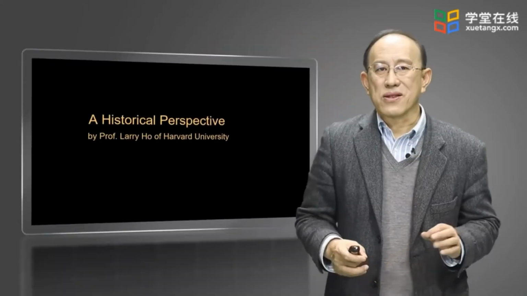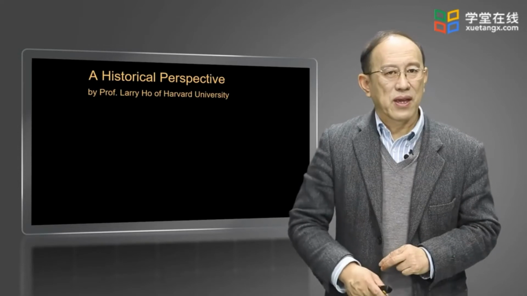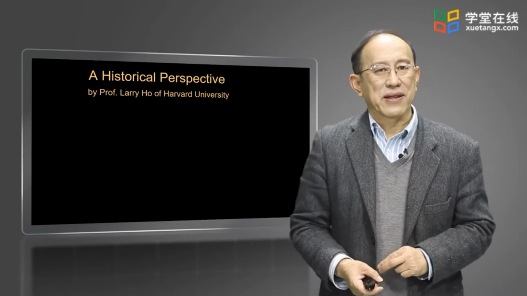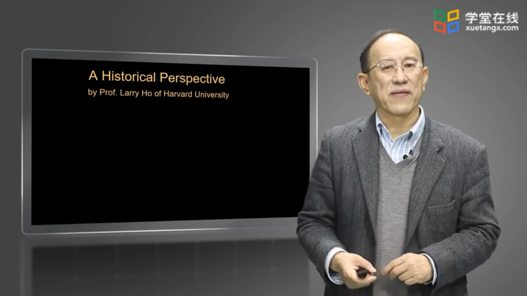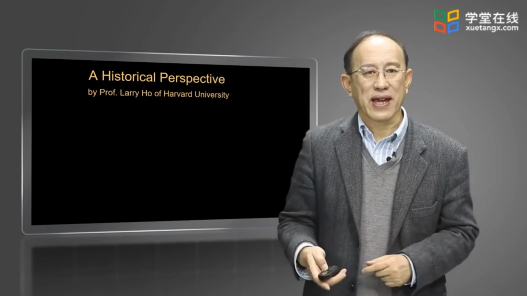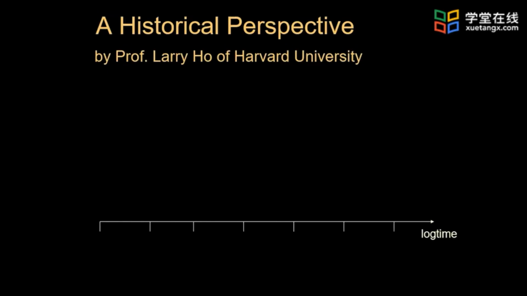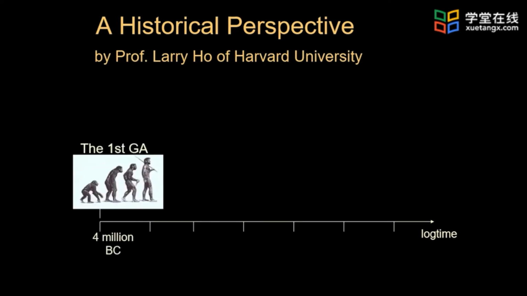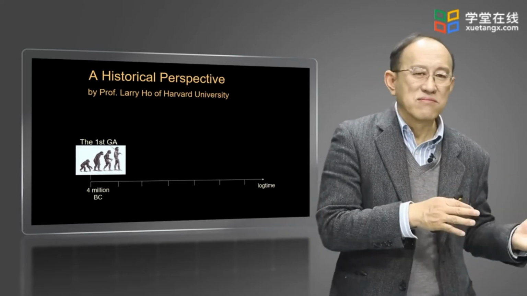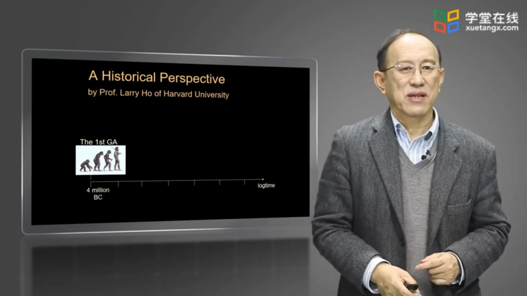Okay, this is a very good example given by Professor Larry Ho of Harvard University as the historical perspective of how human civilization and technology evolve. Okay, if we put a timing logarithm, okay, about 4 million BC, based on the theory of evolution, human beings began to evolve from monkeys into modern human beings.